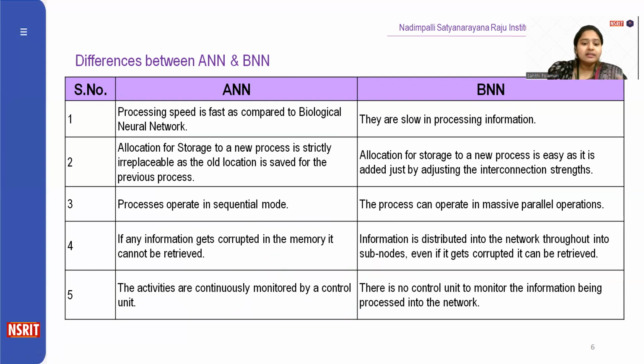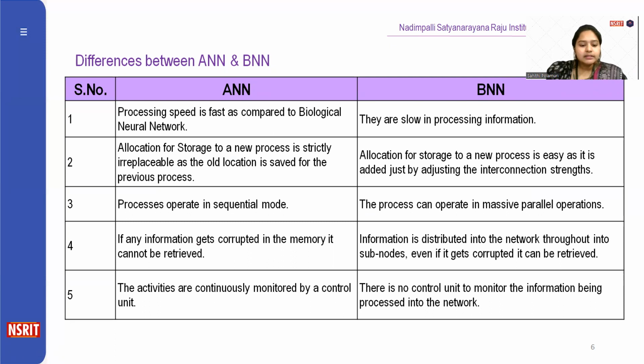That is highly impossible in artificial neural networks. If information gets corrupted in the memory, it cannot be retrieved. That is one of the disadvantages of artificial neural networks. But in biological neural networks, even if the data is corrupted, it can be retrieved.